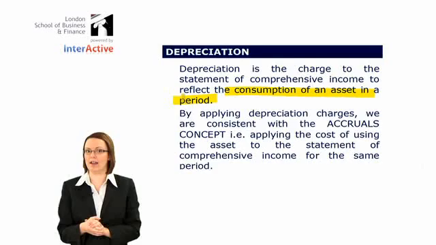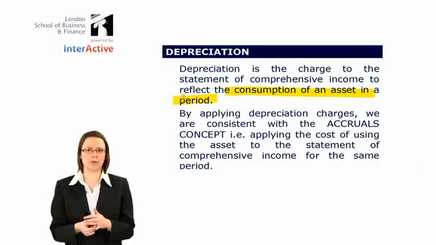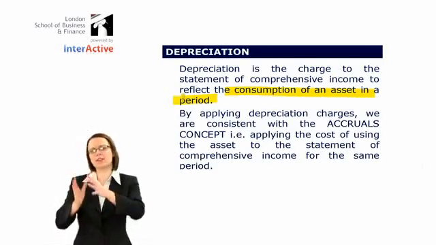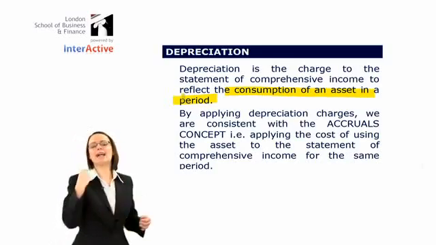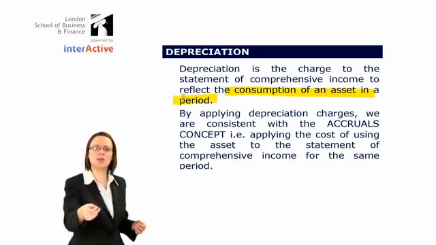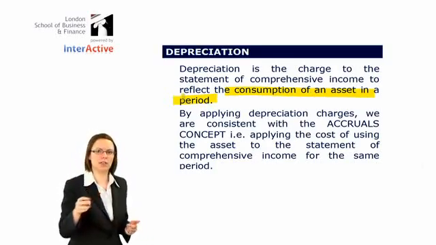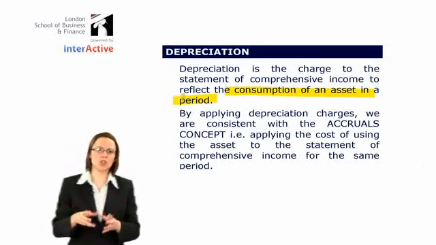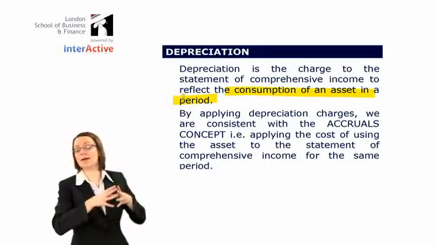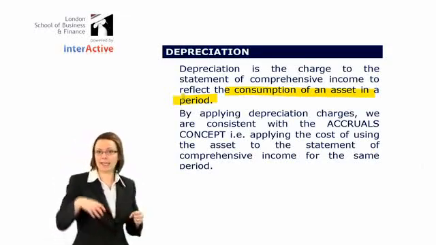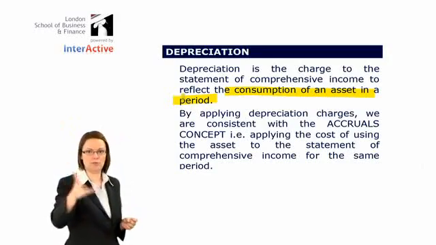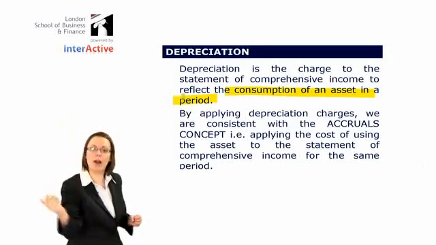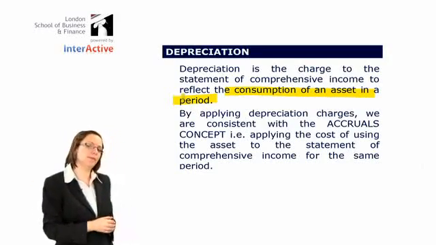Now, the good thing about depreciation is it's consistent with the accruals concept. What we're doing is recognising the cost of using that asset through depreciation and matching it against the income earned from using that asset. So I'm matching the cost, the depreciation of that t-shirt printing machine, against the income that I've earned in that accounting period from using that machine, so the selling of those t-shirts that I printed using my printing machine.